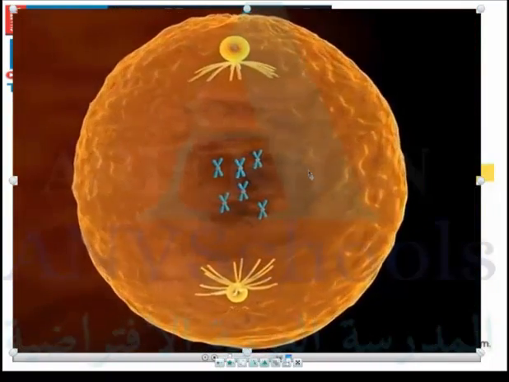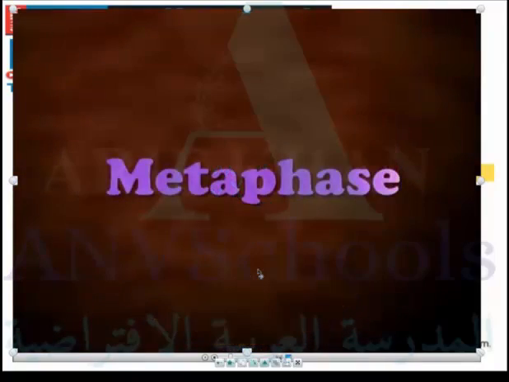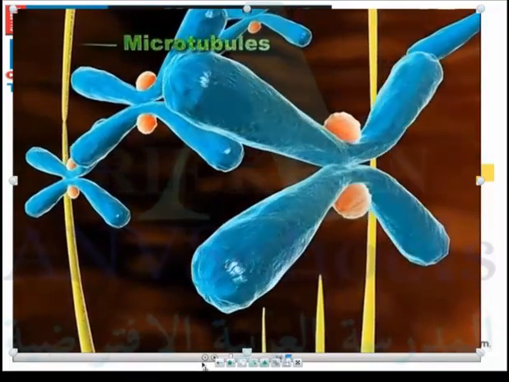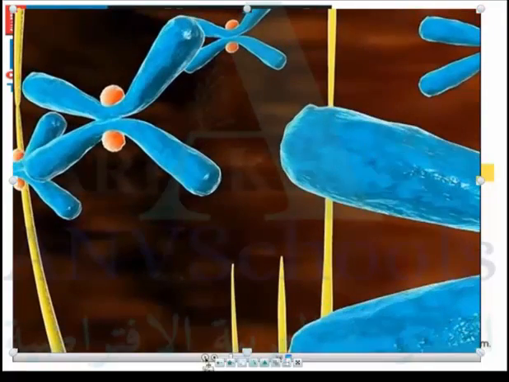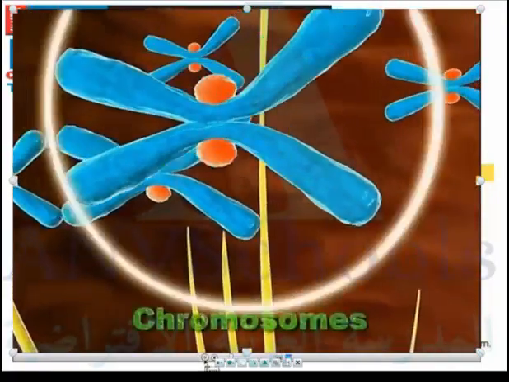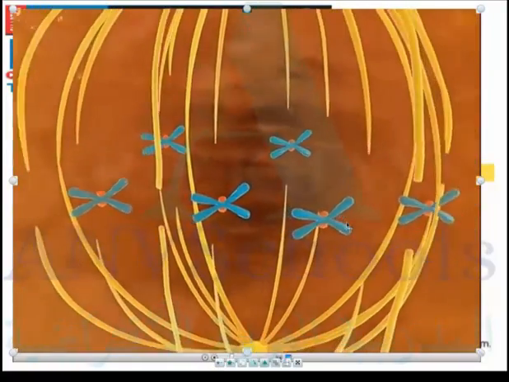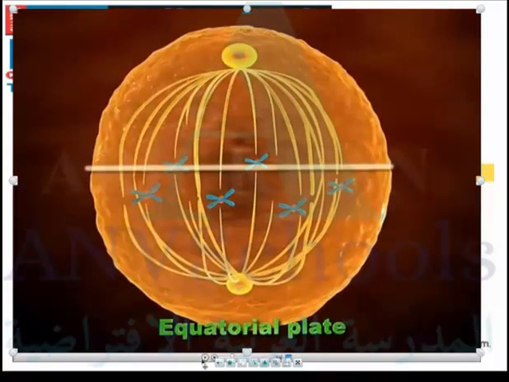So centrioles will go to the poles, and then spindle fibers will come through. Then we enter metaphase. In metaphase, the microtubules or spindle fibers will align the chromosomes in the center of the cell, that is, at the equatorial plate.